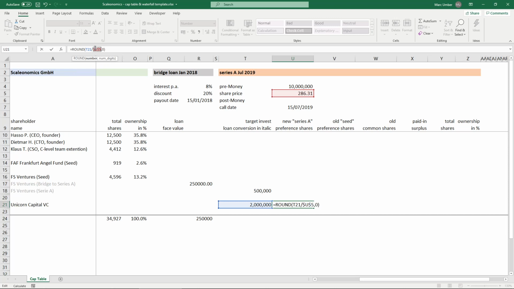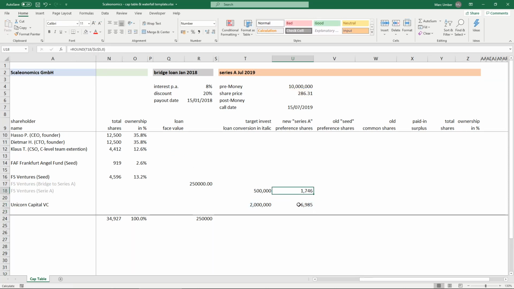Let's also make sure that we can copy and paste this formula. So Unicorn Capital will sign up for new shares in the amount of 6,985. Frankfurt School Venture Capital will get new shares in the amount of 1,746 for the new 500,000 fresh money investment.